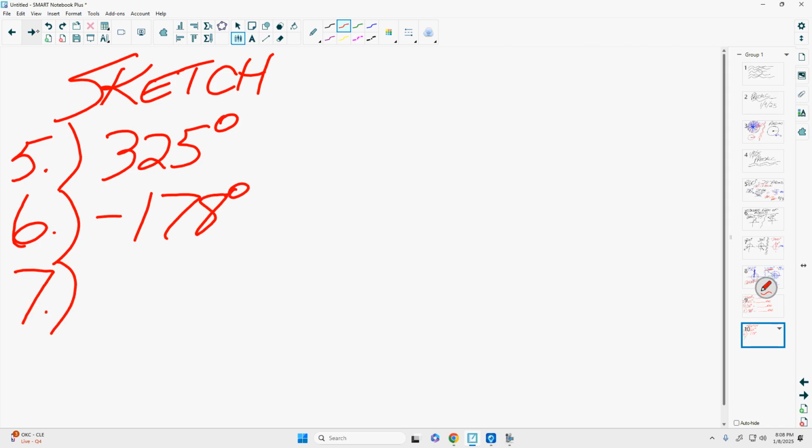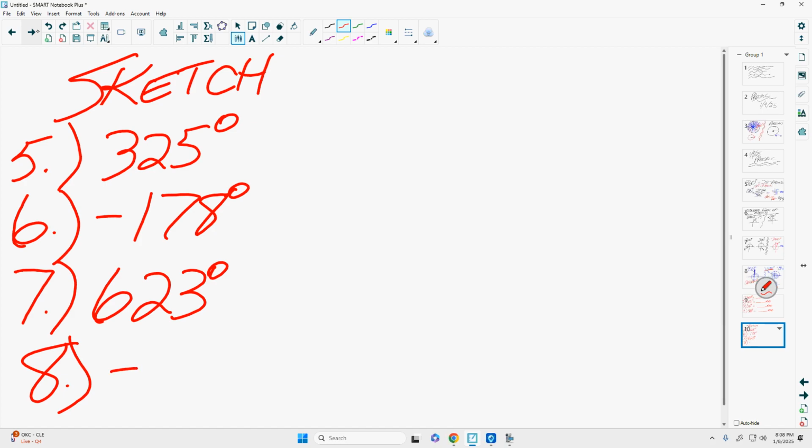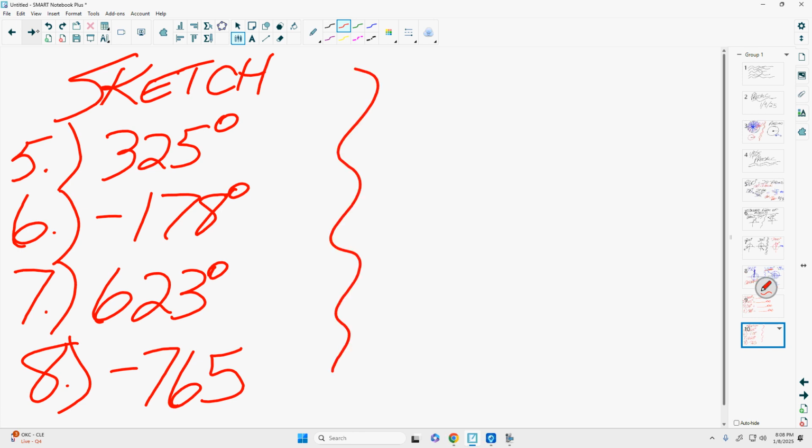Question number 7. Sketch 623 degrees. Question number 8. Sketch negative 765. Okay? And that's it. Those are your 8 problems. Those are going to be due the next time that we meet in person. 8 questions. Get it? Got it?